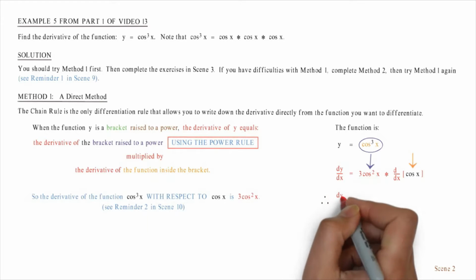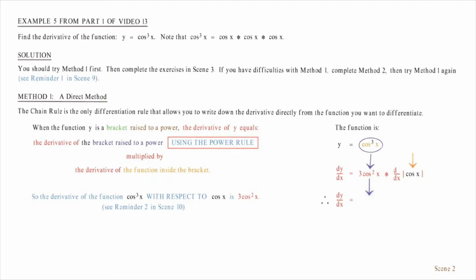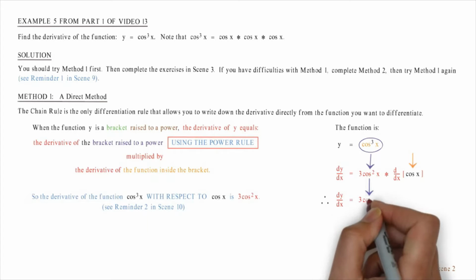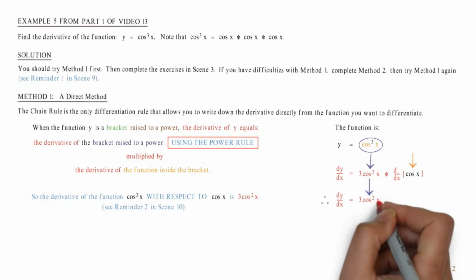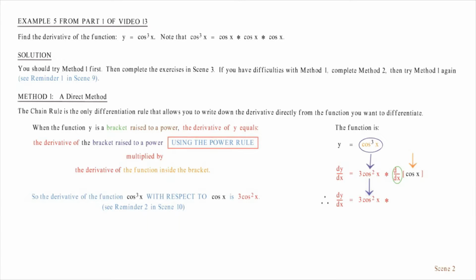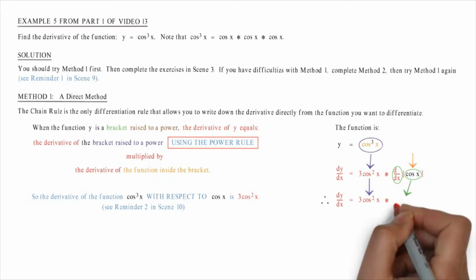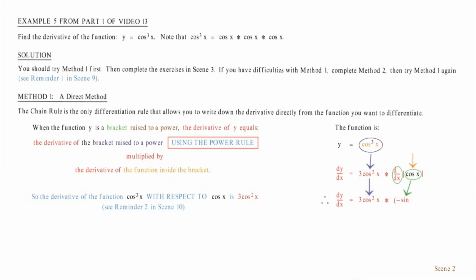Therefore, dy by dx equals bring down 3 cos squared x times d by dx of cos of x, which is minus sine of x.